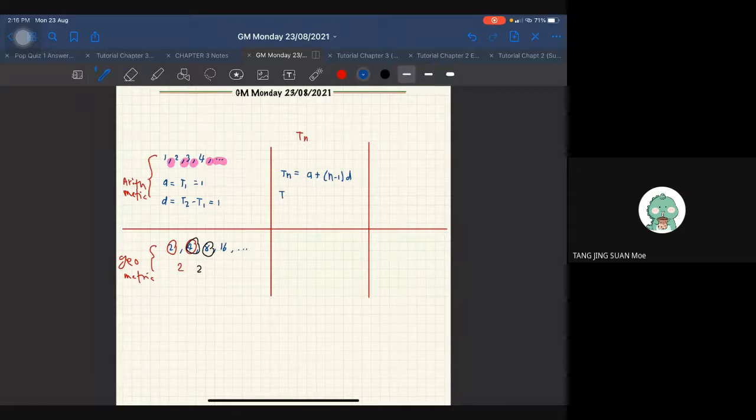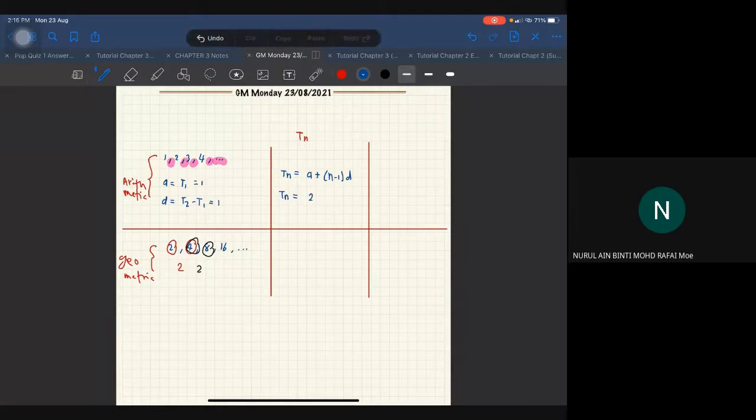Ingat formula tu? Saya tak ingat sebenarnya formula tu. Siapa ingat? The second formula. n over 2. Yep. That one is sum, right?